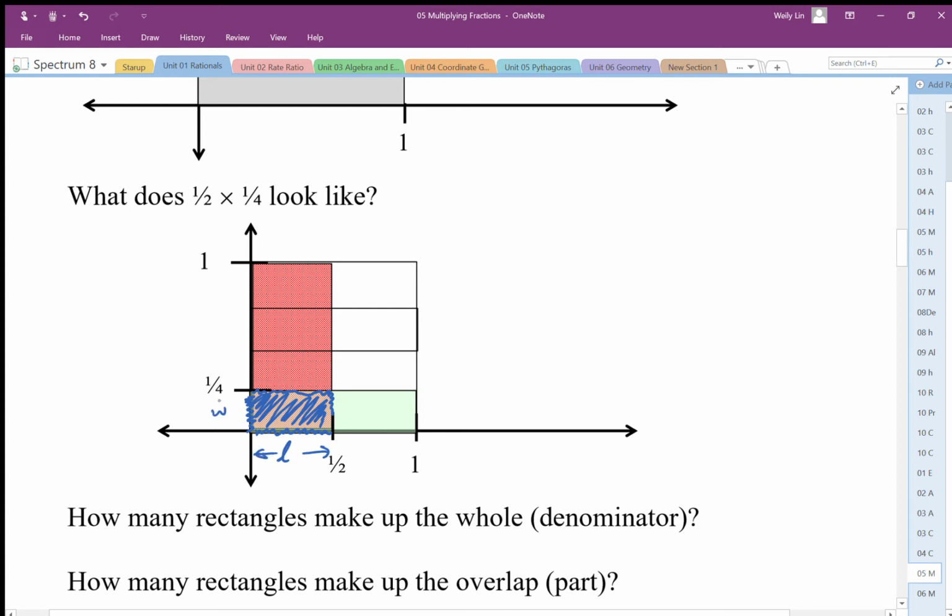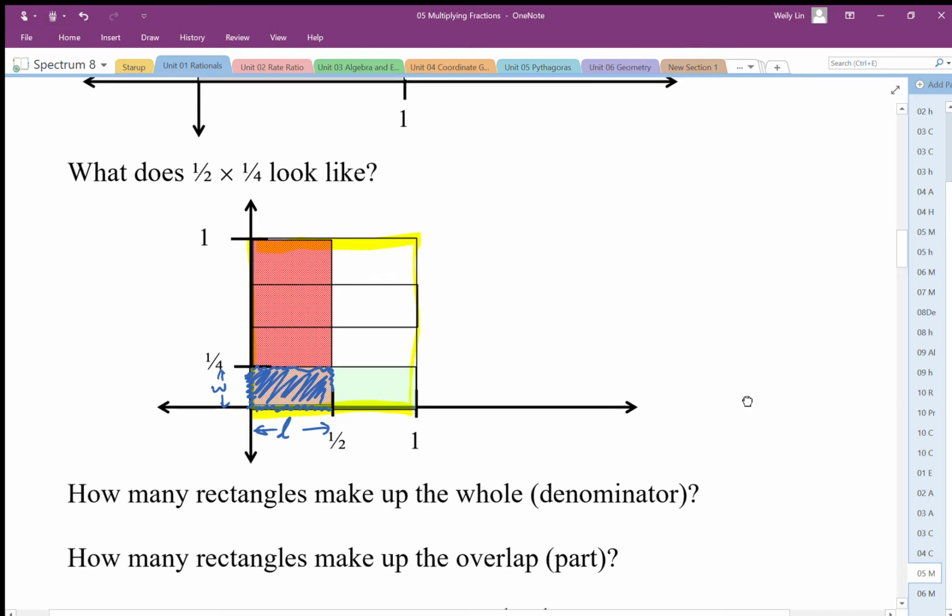My width 1/4 is going to give me an area of that little blue square. Now, what fraction of the whole is that? We know the big square represents 1 whole, so I'm just going to highlight that. This is 1 whole. So that blue square represents what fraction of the whole? It is clearly 1 out of 8 pieces. So the answer must be 1/8.